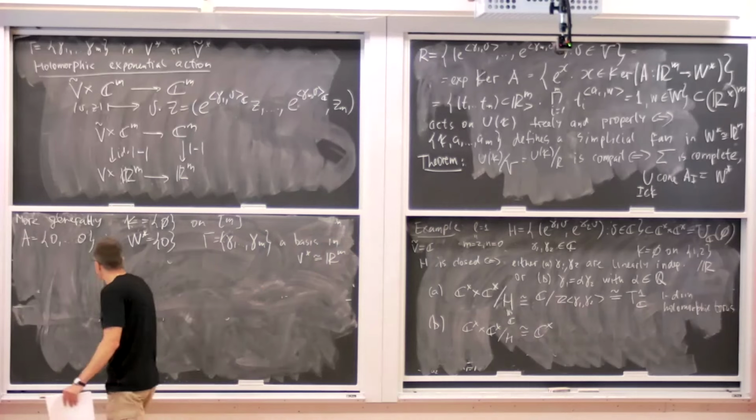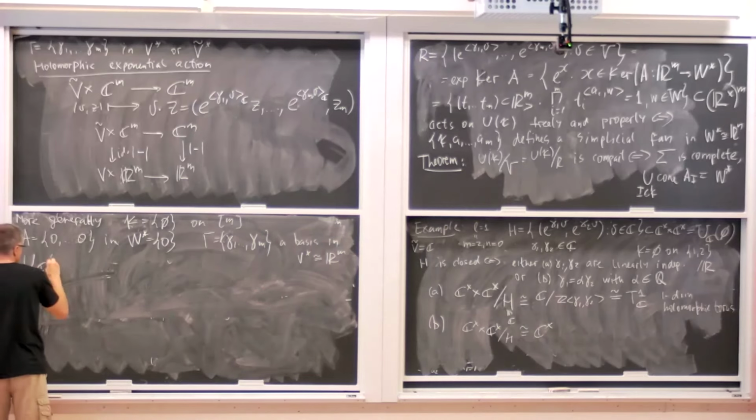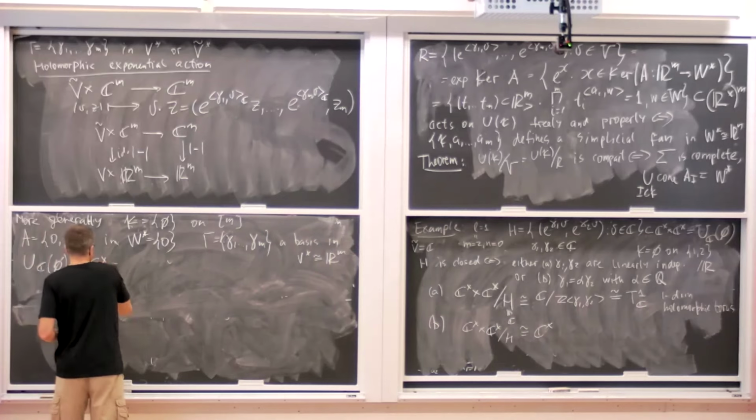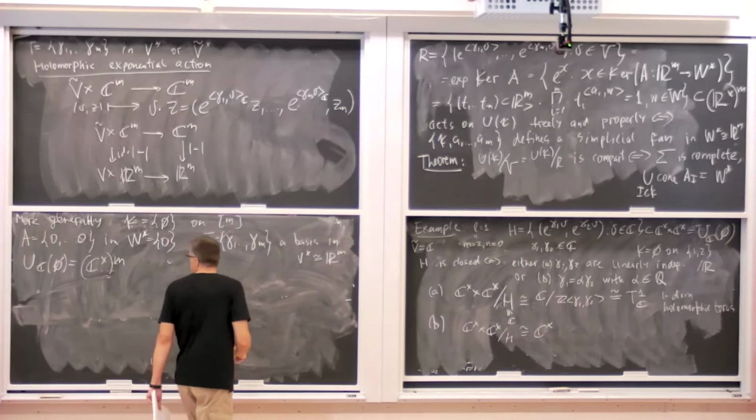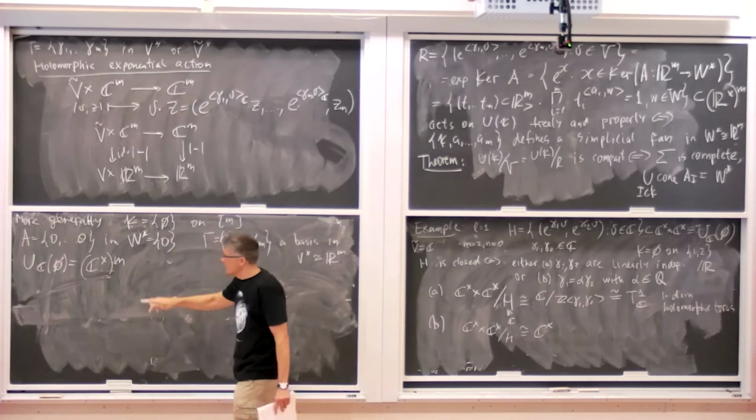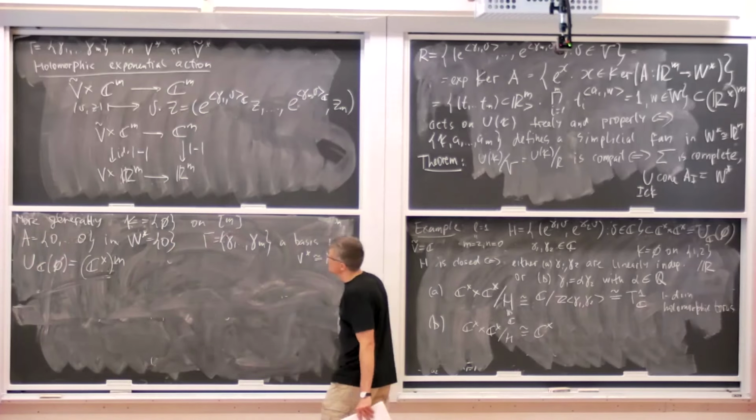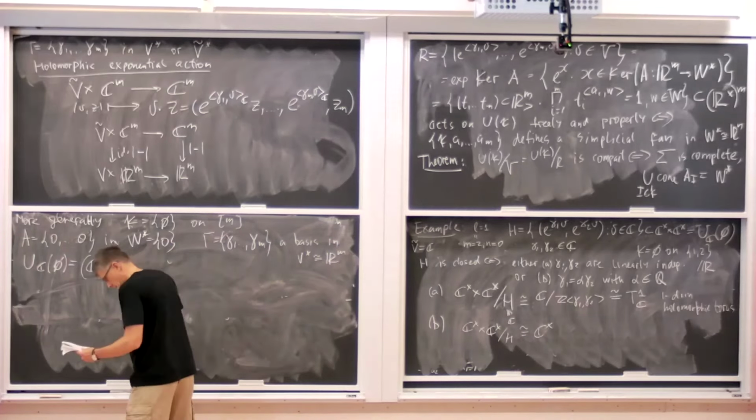But then you have UC of the empty set is C to the power M. Remember, that's a polyhedral product of the empty simplicial complex. So that's just that second factor.